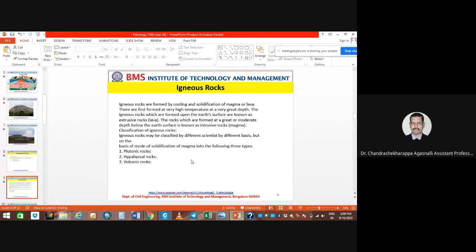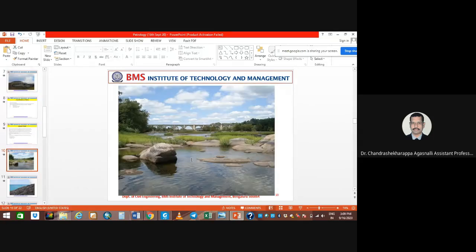And here, based on the solidification of magma during volcanic eruptions, these igneous rocks are classified as plutonic rocks, hypabyssal rocks, and volcanic rocks. And what are the bases? See, these are exposures on the surface, even in the river itself. You might have seen this.